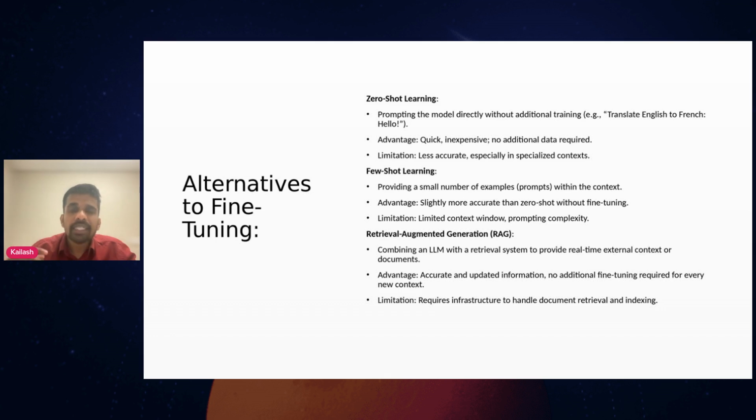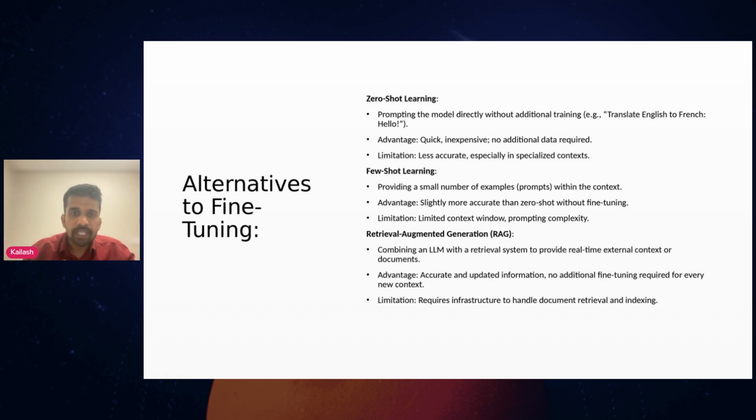So the model learns from the examples you provide in the prompt, and then it responds to your questions. This is one good alternative. If you don't have enough labeled data, I highly recommend going with few shot learning. And we have seen very good performance with few shot learning in our experience.